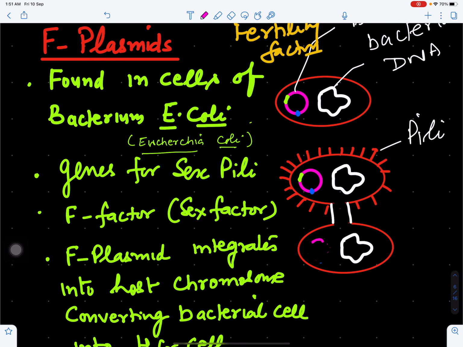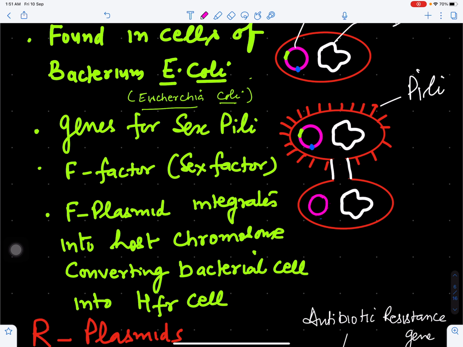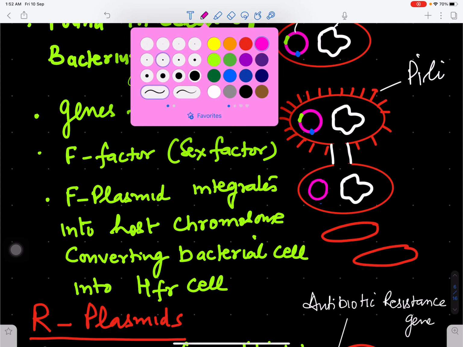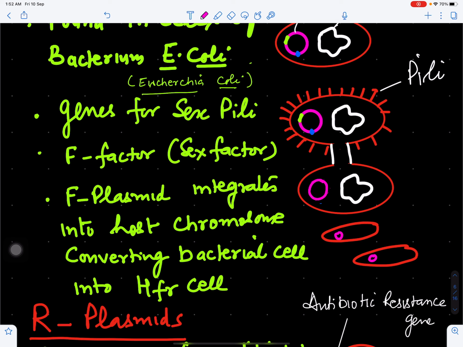After conjugation, this plasmid will have come over here. Now this bacterium has become one with a plasmid with the F factor, so it has become F positive. These bacteria will get separated from each other after getting the plasmid. Now they are called ex-conjugants because they have exchanged genetic material.